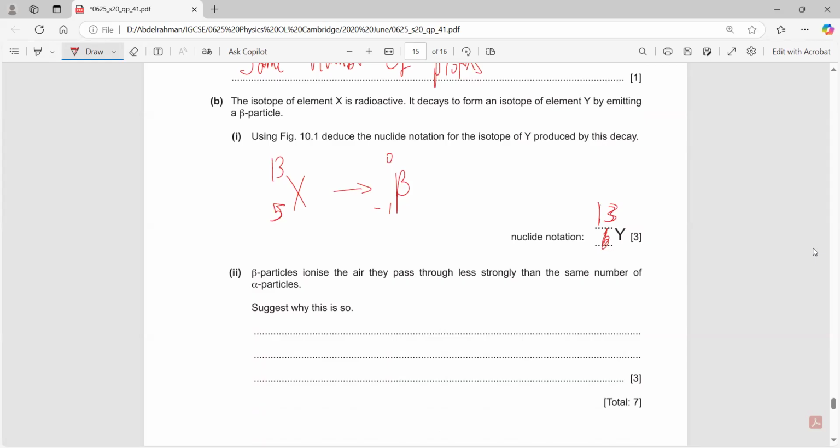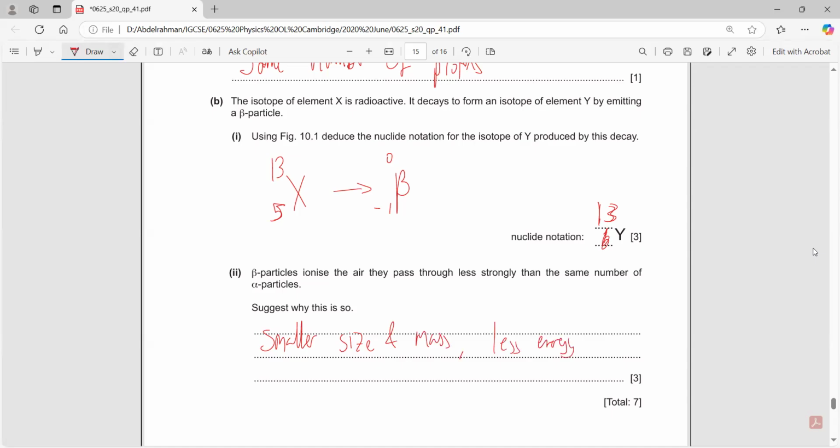They're smaller, they have less charge, a smaller mass and size, and they have less energy.